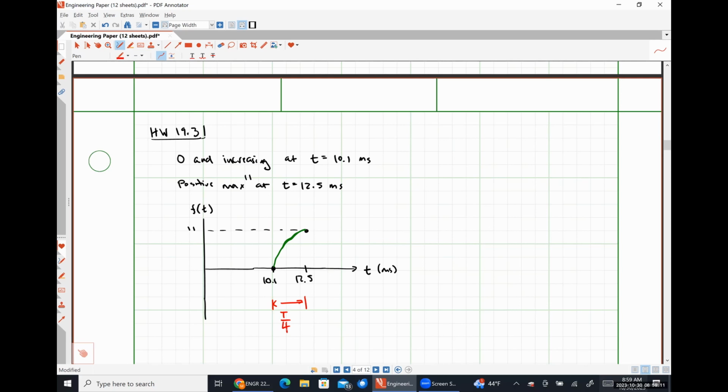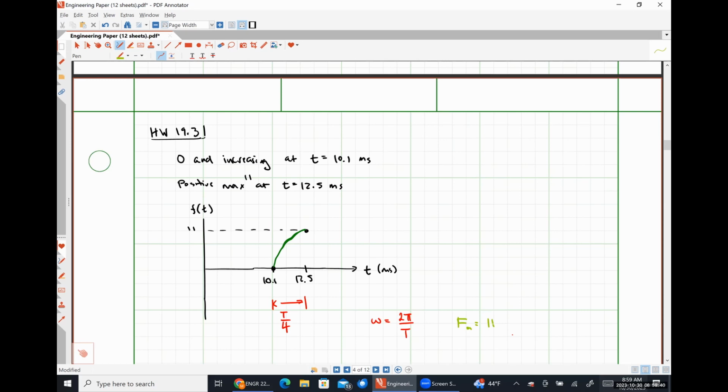So omega is equal to 2 pi over capital T, and you have enough information to solve for capital T. The magnitude of your function, let's call that f sub m, is just that maximum value of 11.